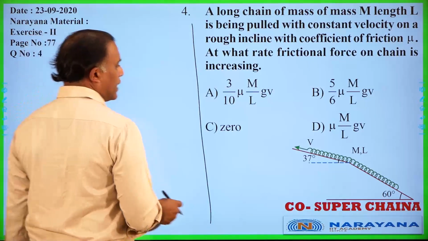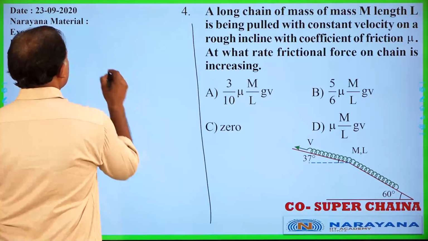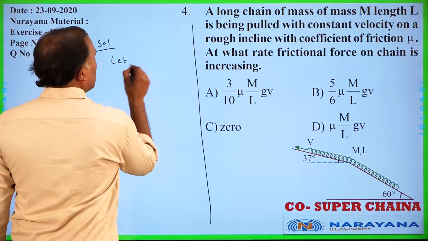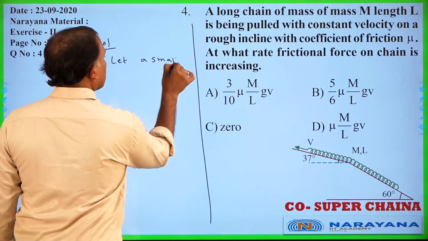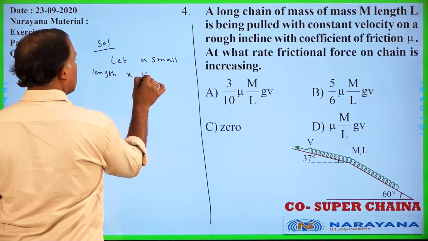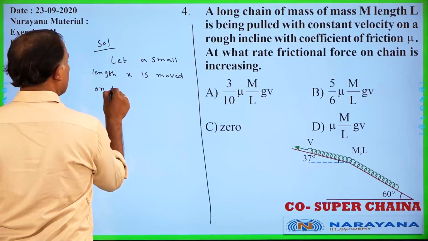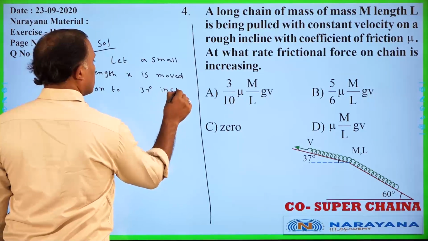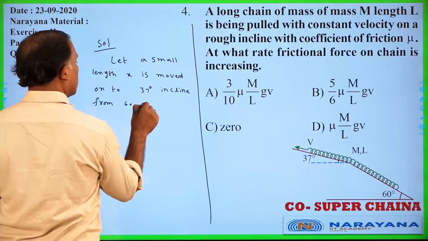For example, let a small length x be moved onto the 37-degree incline from the 60-degree incline.